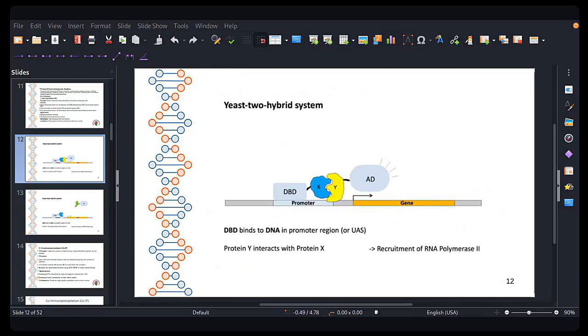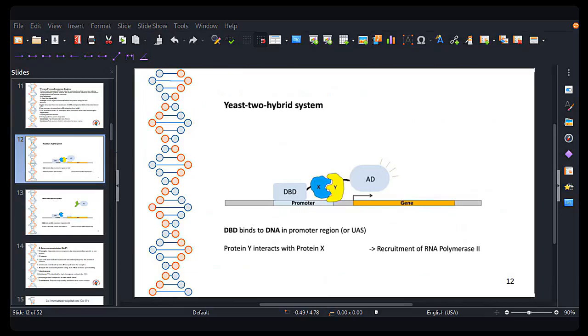Okay. So basically, what is the two-hybrid system technique? We are seeing the protein interaction here. यहाँ पे हम देखेंगे अगर प्रोटीन की इंटरेक्शन हो रही है तो ट्रांसक्रिप्शन आगे होगी. और यहाँ पे X और Y दो प्रोटीन्स हैं.